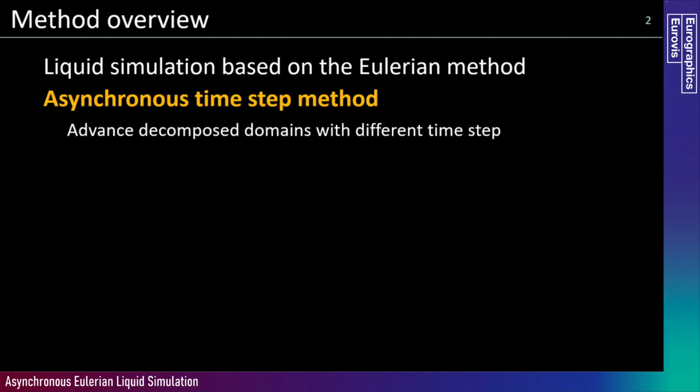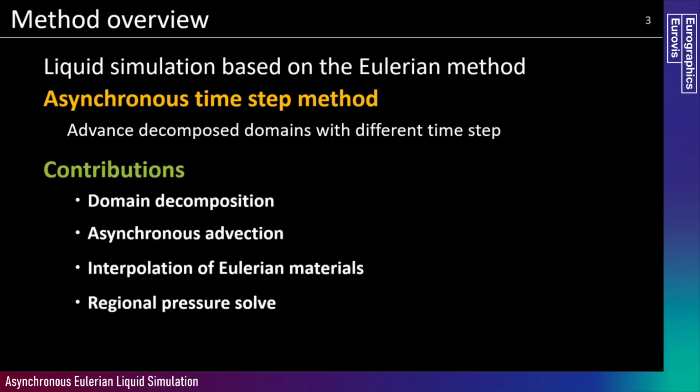Each decomposed domain is called a level. The time step for an advanced level has an n-times interval. To perform our proposed method, we decompose the domain to ensure all the local CFL numbers fall in the target range. And we propose an advection scheme that is free of visible seams on boundaries of regions with different time steps, and interpolate Eulerian materials such as level set, velocity, and pressure.